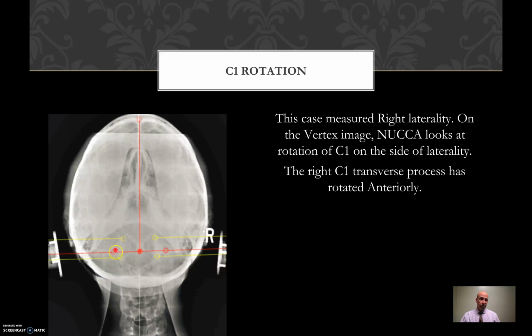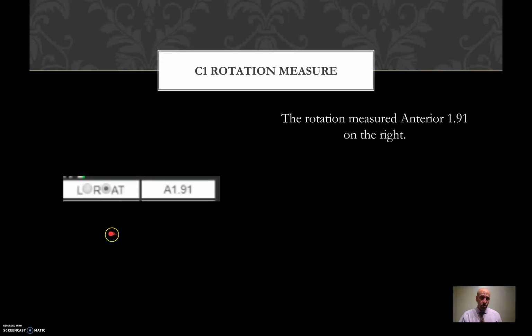If this were left laterality, it would then be a posterior on the left. So in the program, then, it allows you to select either a left or a right laterality. And once you select that, that would go from left posterior to right anterior. So that's the designation. And so in this case, it measures 1.91 degrees of anterior rotation on the right.